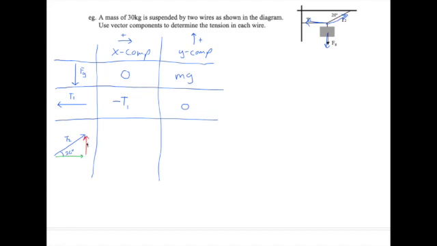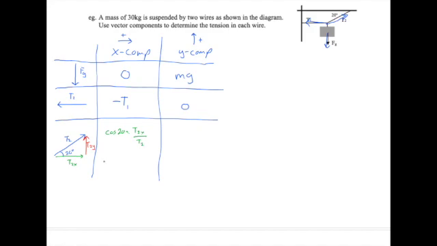And so that'll be my T2 in y. And then I can, of course, have also T2 in x. And so then I can use the same trigonometry I did before to solve for each of those. So for my x component, my T2 in x is going to be on the adjacent side, so I'll use cosine. So cosine of 20 is going to be equal then to the x component of T2 over T2.